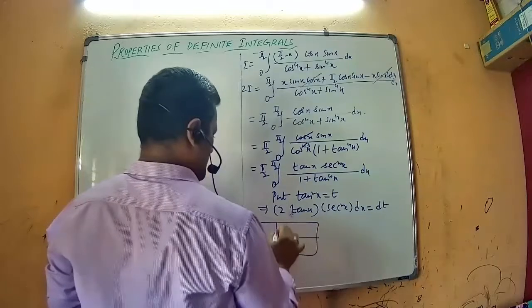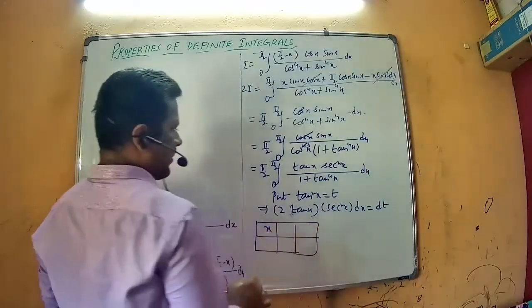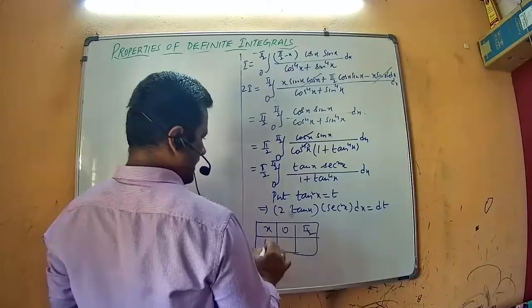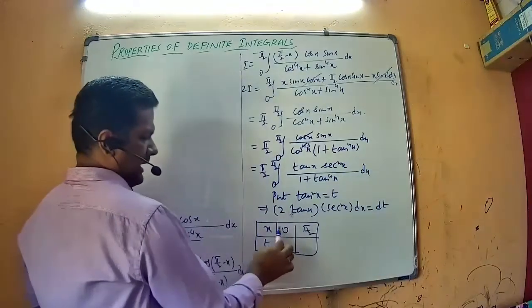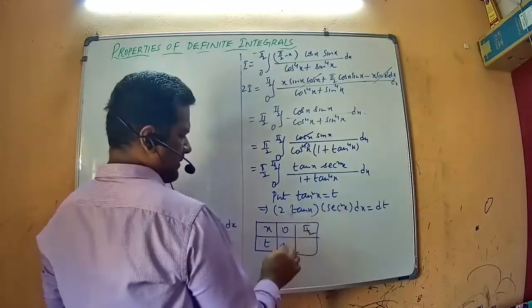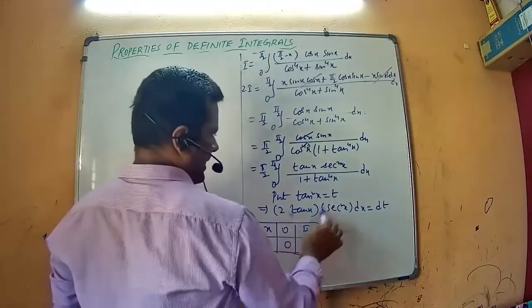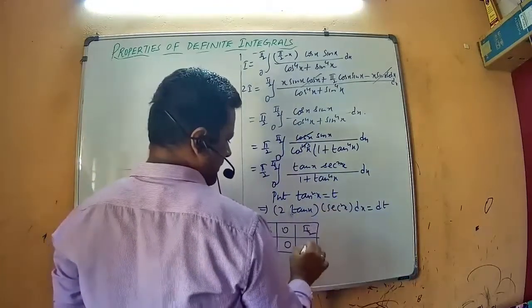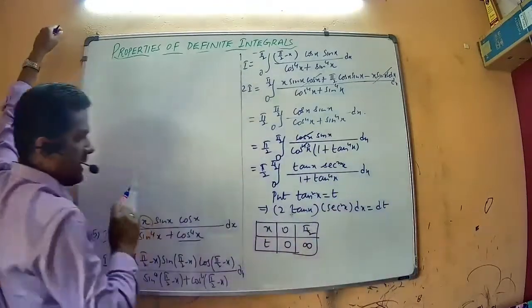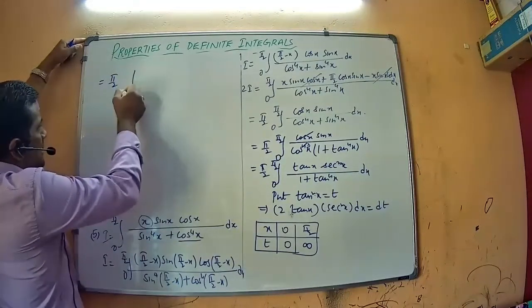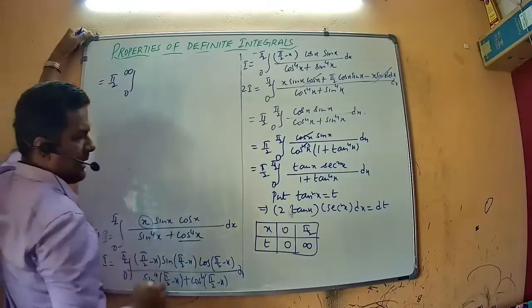The old limits are 0 and pi by 2. So the new limits will be: when x is equal to 0, t also will be 0, tan 0 is 0. When x is equal to pi by 2, t will become tan square pi by 2, which is nothing but infinity. So the new limits will be pi by 2 into integral from 0 to infinity.